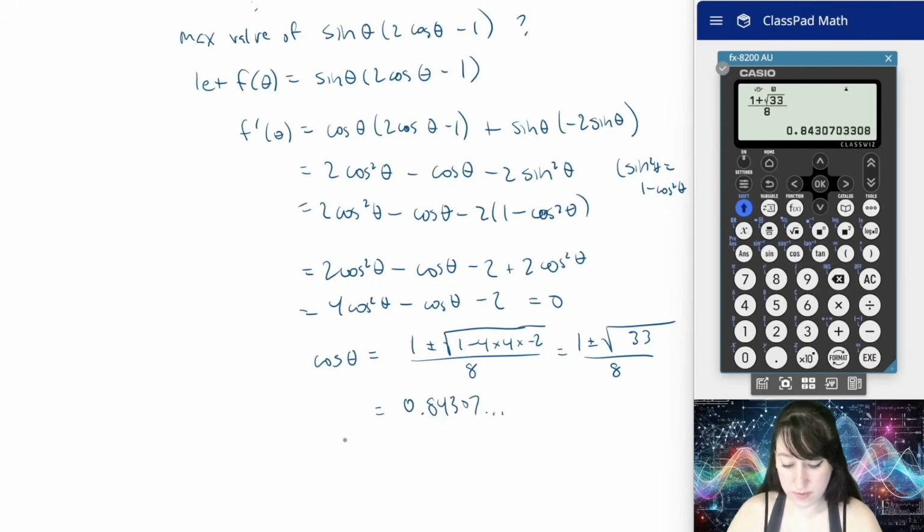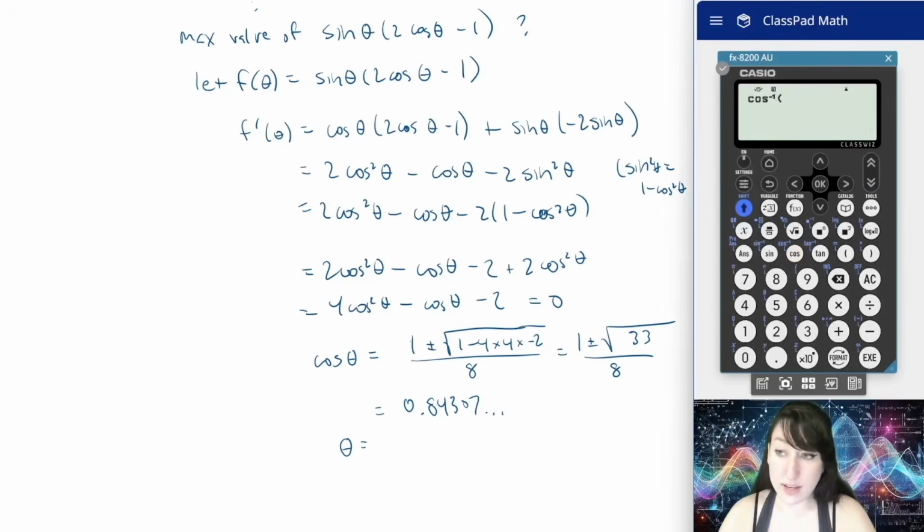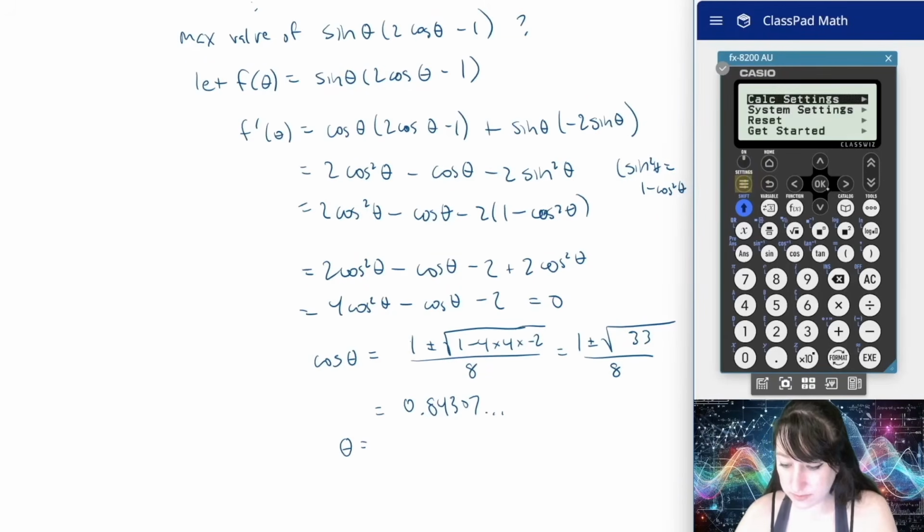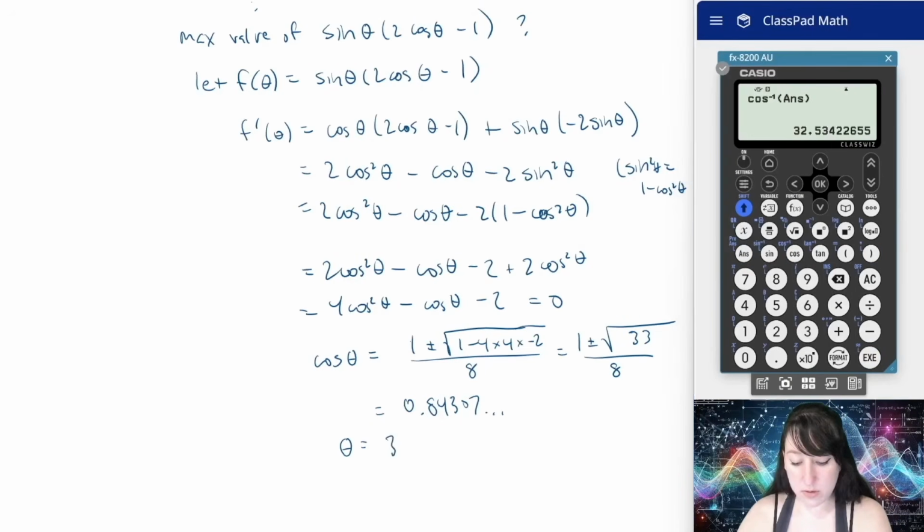We'll take inverse cosine of that answer. Let's use degrees since we're doing a physical application with angles. And we get about 32.5 degrees.